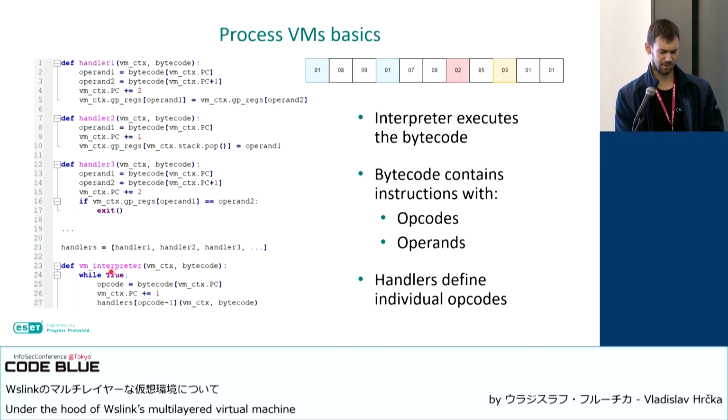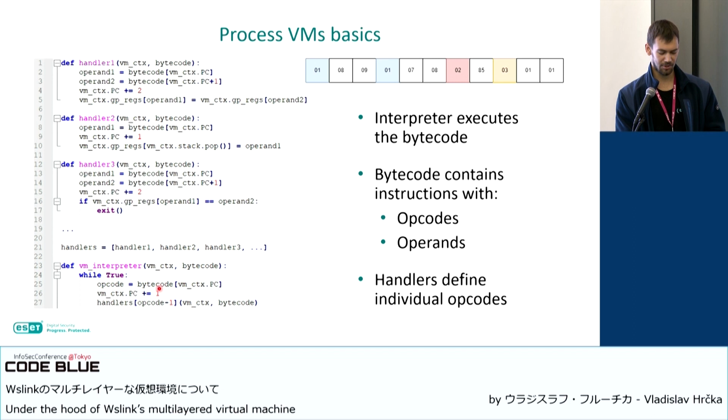And here's an example of how it can work. We have a function that accepts a VM context, which basically, just like in standard machines, contains, for example, registers and program counter and things like that. And apart from that, bytecode that is supposed to be executed. Here we fetch an opcode from the bytecode based on the current program counter.